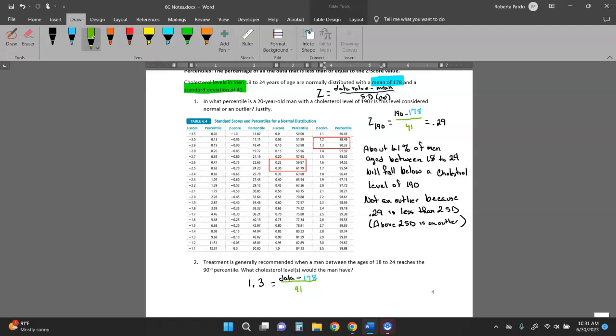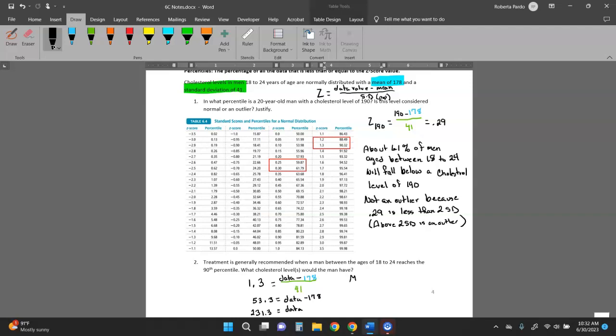We have to get rid of division, so we're going to multiply 1.3 times 41. So 1.3 times 41 gives us 53.3. And that's now equal to the data value minus 178. Getting rid of subtraction through addition, we know that the data value, we're going to add that 178. So the cholesterol is 231.3.